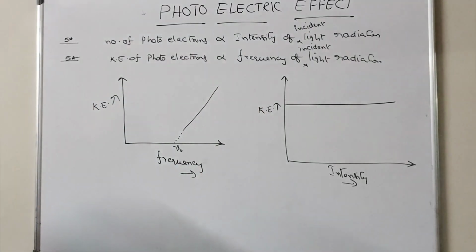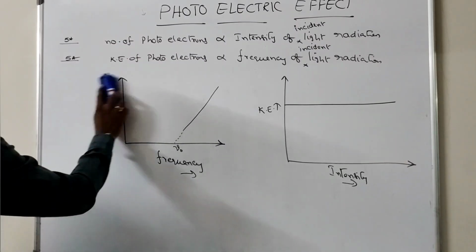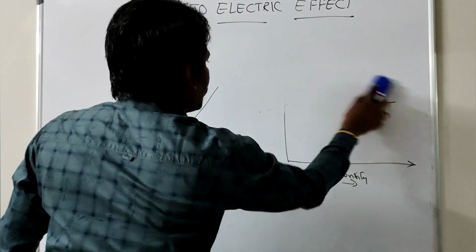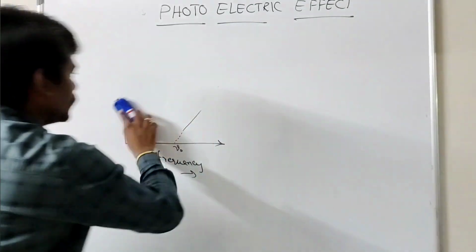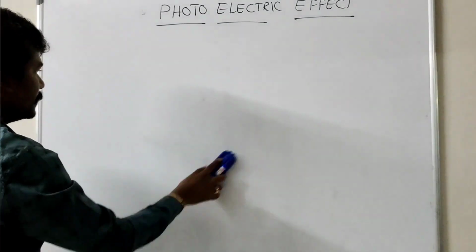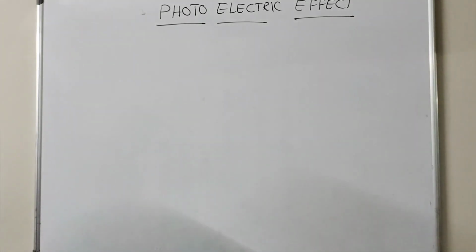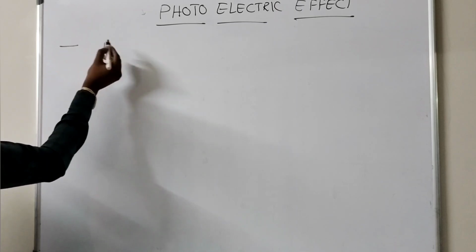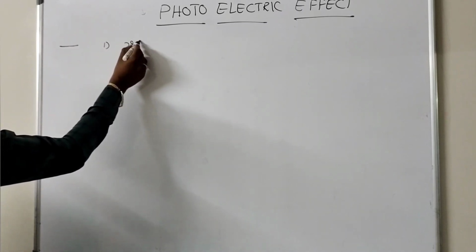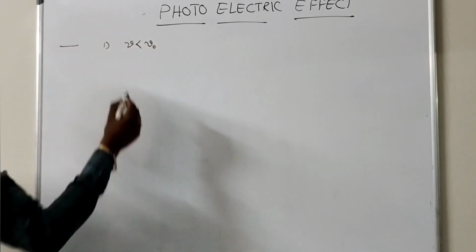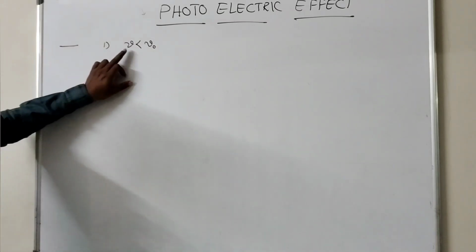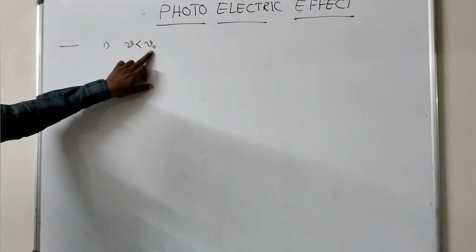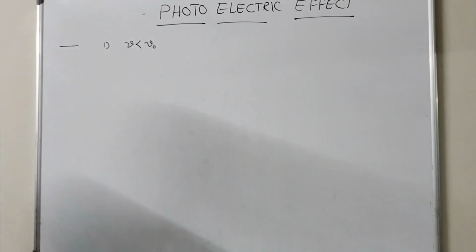Okay, next point. First point: what happens when nu is less than nu naught? Nu is the frequency of incident light radiation, and nu naught is the threshold frequency.